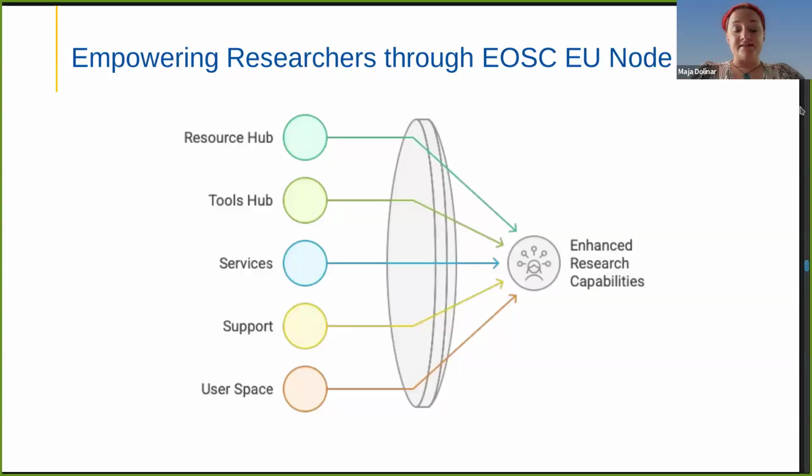They can also access a personalized research environment via the user space. Throughout their journey, they can also receive comprehensive support. We have a help desk, FAQs, thorough documentation, and of course, training resources. All of this ensures a smooth and efficient research experience.